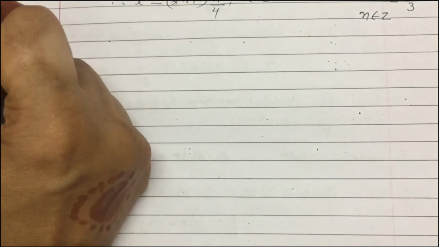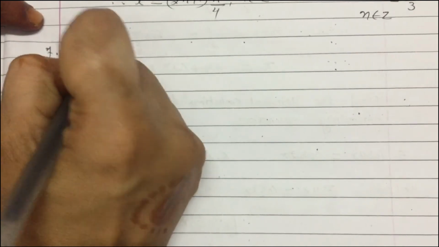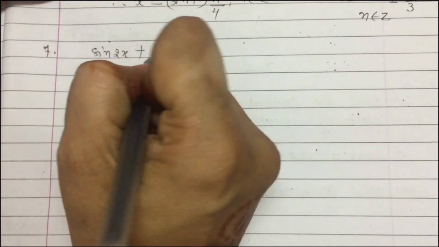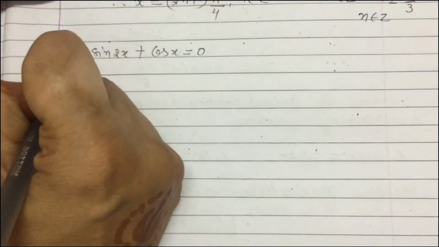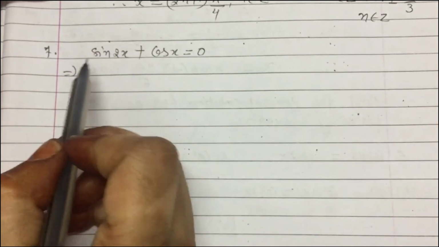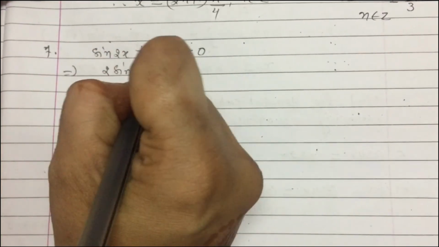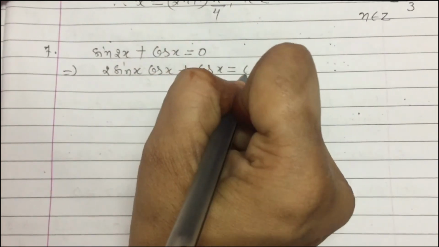Next question, question number 7. The given equation is sin 2x plus cos x is equal to 0. First of all apply the formula for sin 2x. It is 2 sin x cos x plus cos x is equal to 0.